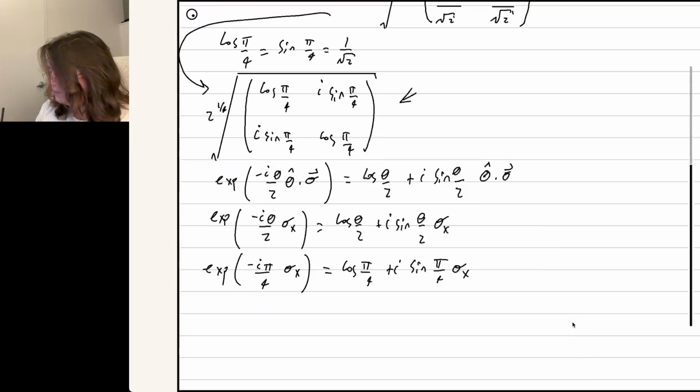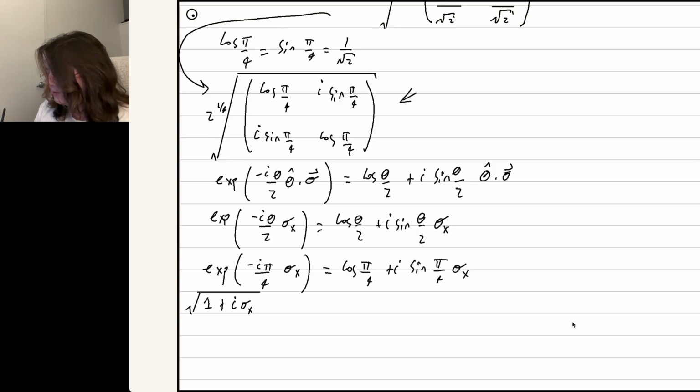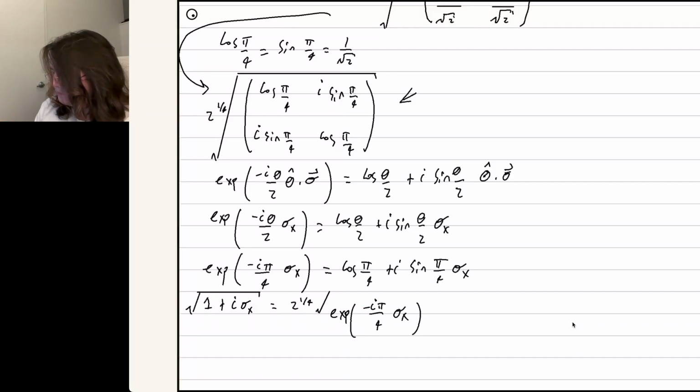So we can now rewrite the square root of 1 plus i sigma x as being 2 to the 1/4 times the square root of exp of minus i pi over 4 sigma x, right?